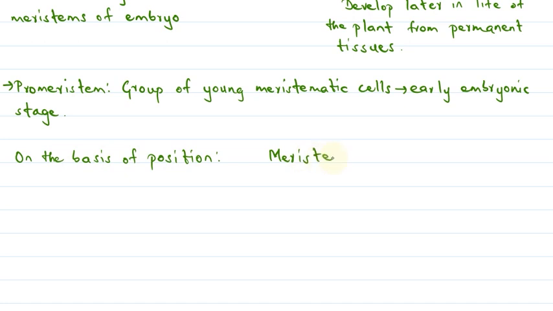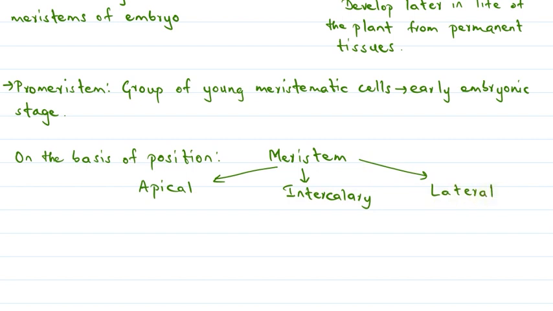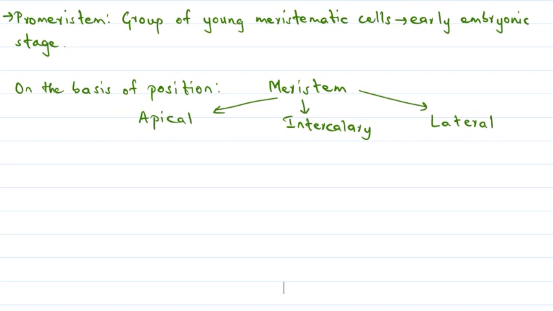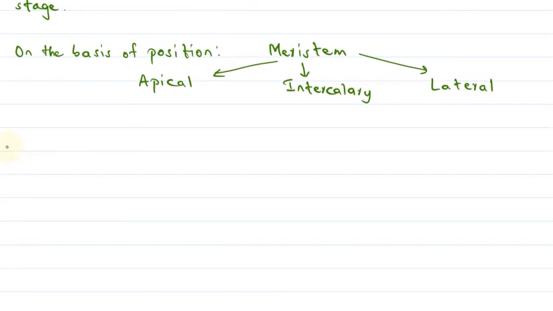The meristem can be divided into three types: the apical meristem, then the intercalary meristem, and the third one is the lateral meristem. Okay, so now let's talk about each of them separately. First, let's begin with the apical meristem.